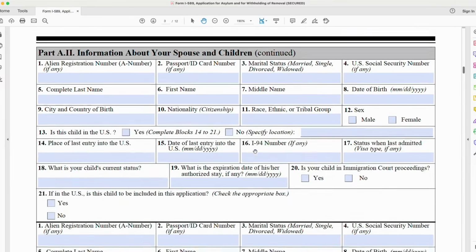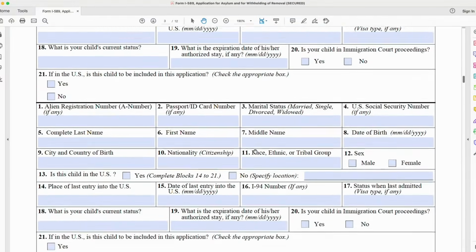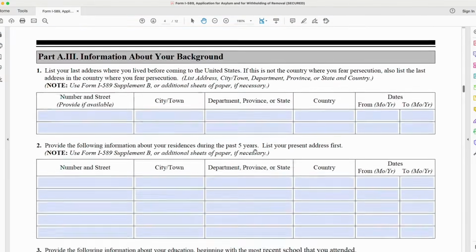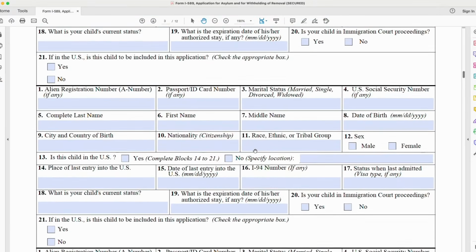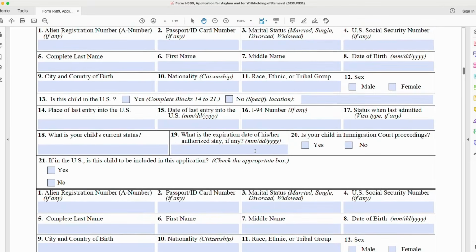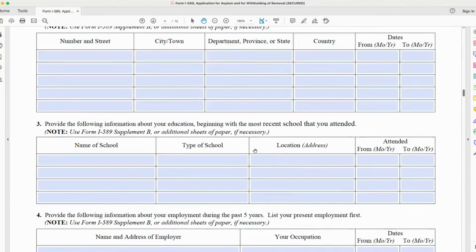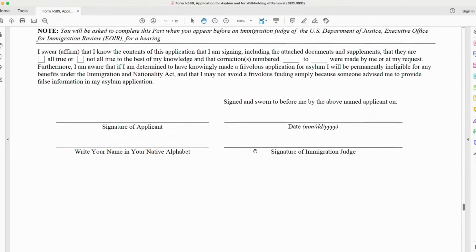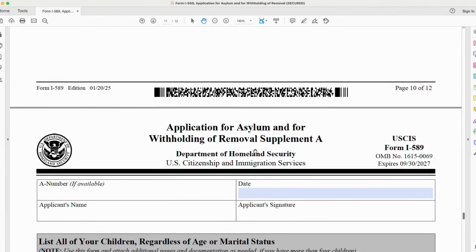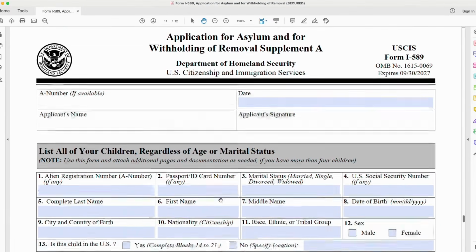If you have more than one child, you can provide the same information for your other children here on the next page. If you run out of room, you can continue on to Supplement A, found near the end of the form, here on page 11.